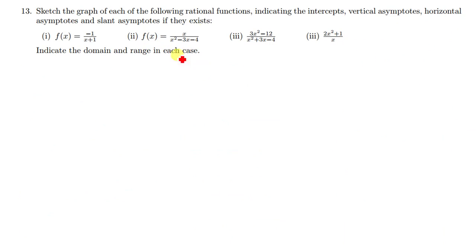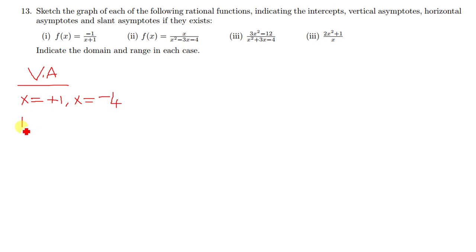So this one here, to find the vertical asymptote, you equate the denominator to 0. When you equate the denominator to 0, you find your values of x to be, I think, -4 and 1. So that would be x is equal to +1 and x is equal to -4.